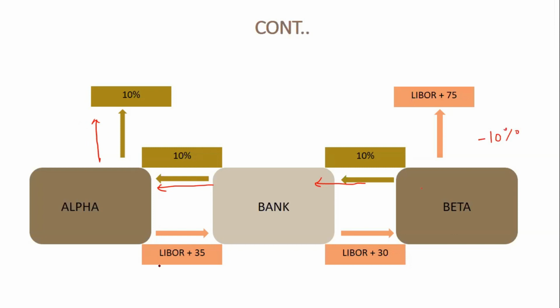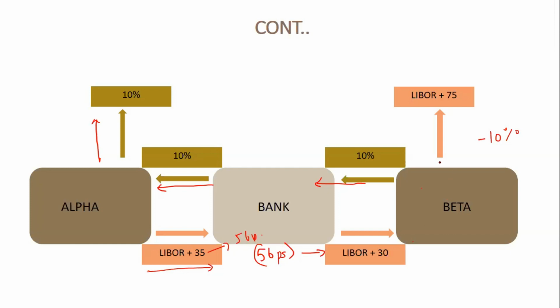Okay. Now Alpha will transfer LIBOR plus 35 to the bank. The bank will charge 5 basis points as their commission. So from this, they will take 5 basis points and the remaining, they are going to transfer to Beta.